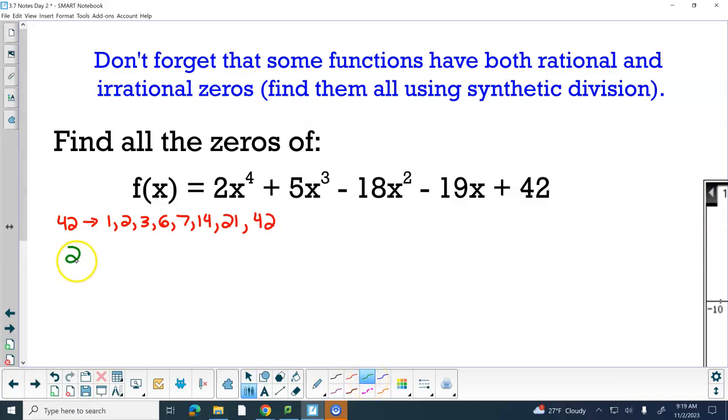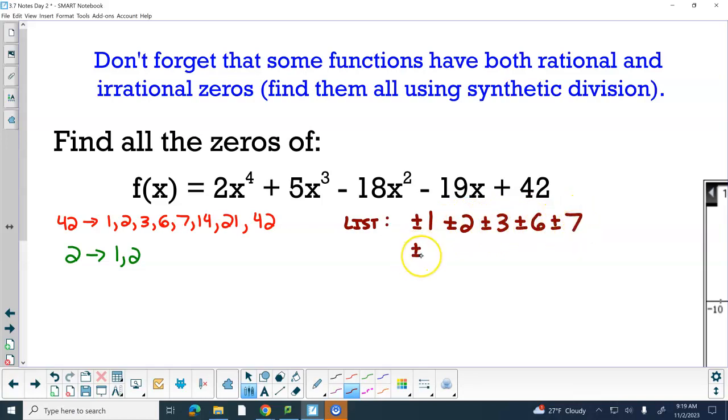Then you need all the factors of 2, which is just 1 and 2. So my list. We got all those, right?